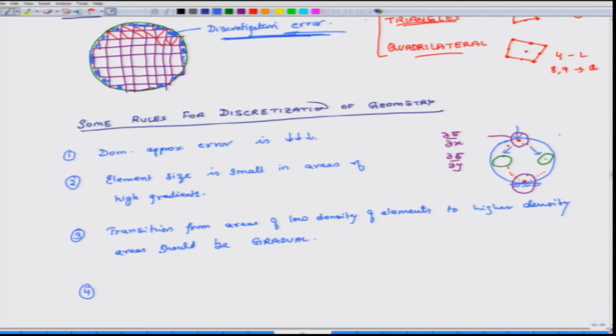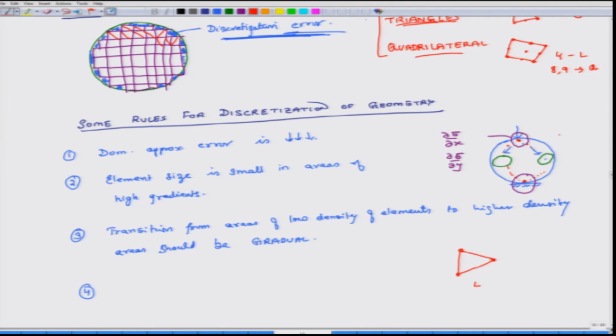And then there is another very important thing. Suppose you have a triangular element, and let us say it is a linear order element. So, it will have 3 nodes.